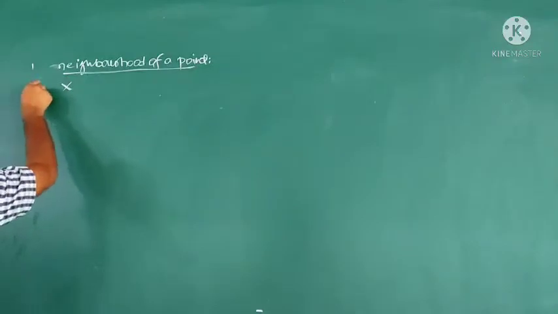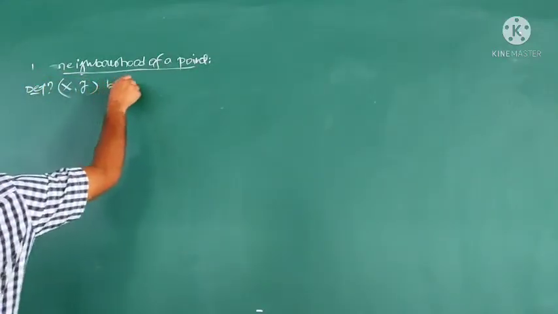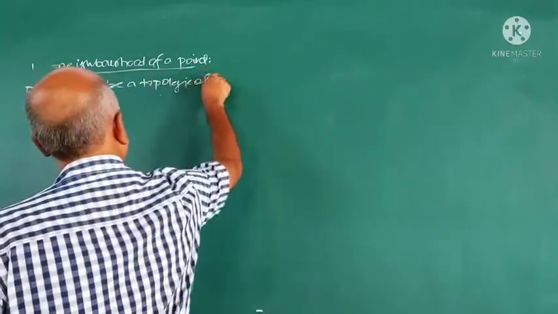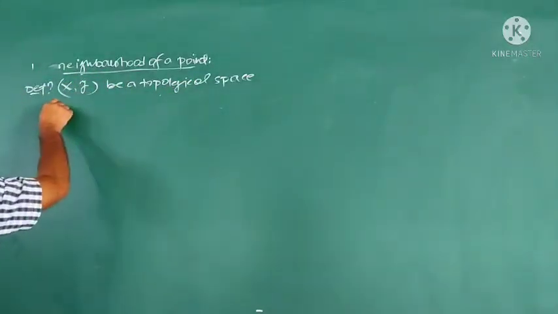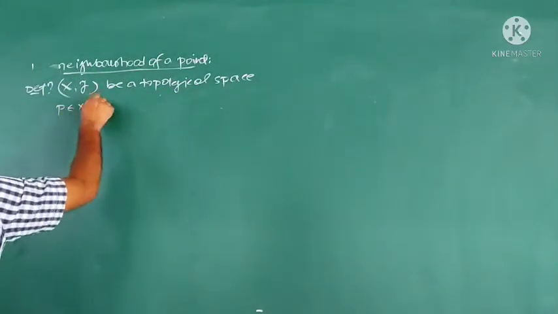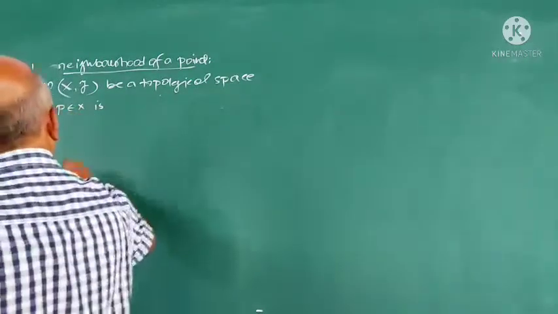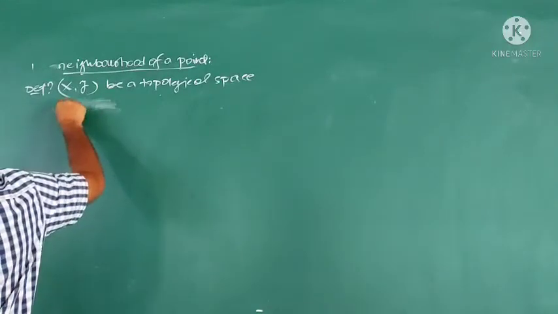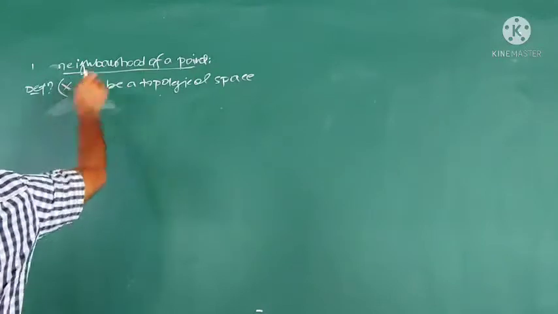Definition: suppose X to be any topological space, and a point P belongs to X. What is the neighborhood of a point?